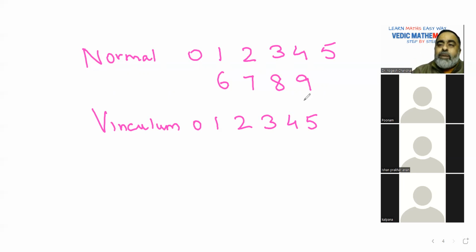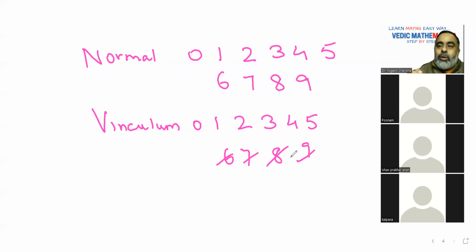If you have to multiply something with 8, that is difficult. Or if you have to multiply something with 3, that is difficult. With 8, it's difficult. So in vinculum, we don't want these numbers. We don't want 6, 7, 8, or 9.